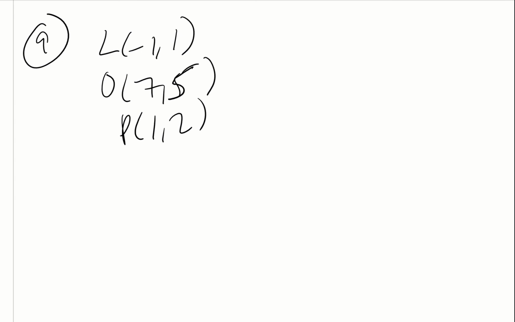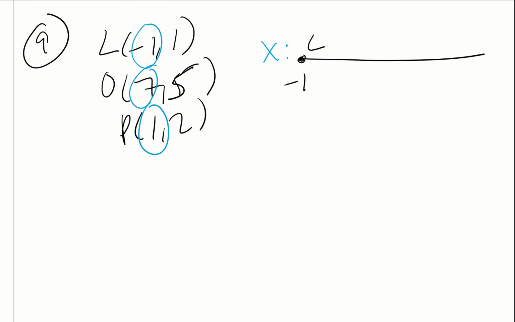Again, focus on the x coordinates only. So the first coordinate is L at negative 1. The second coordinate is P, which is at an x value of 1. O is at an x value of 7. So what's the difference between negative 1 and 1? Well, that's going to be 2. Difference between 1 and 7 is 6.